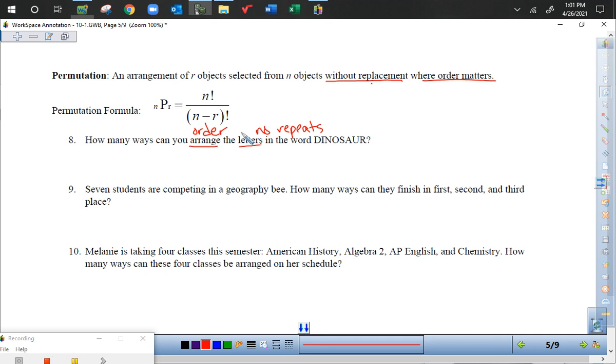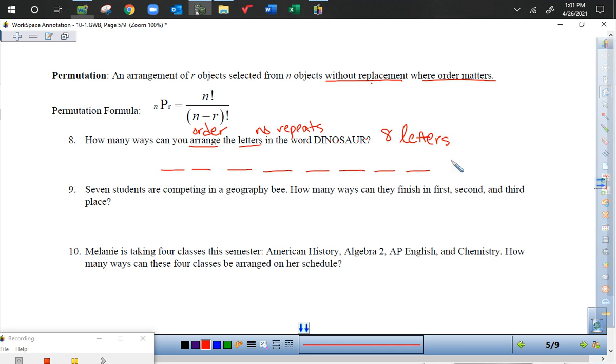Then with that, we want to arrange all of the letters, because they didn't say just a couple of them, so we need to count how many are here. So we've got 1, 2, 3, 4, 5, 6, 7, 8 letters, and we are choosing all 8. So that means 8 different blanks.